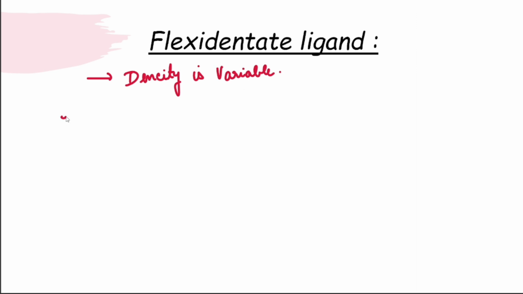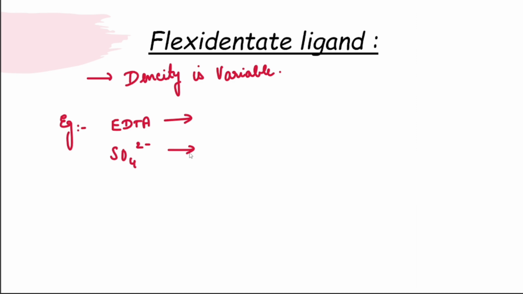For example, we have EDTA. We have already seen that EDTA is a hexadentate ligand which comes under the polydentate ligand. And another example also is SO4. So these are known as flexidentate ligands because their denticity is variable. That is, it varies.